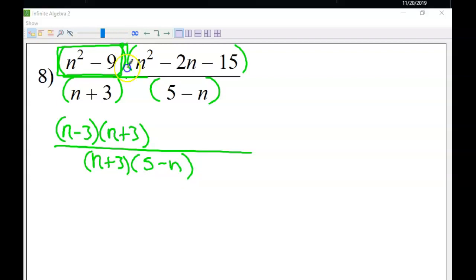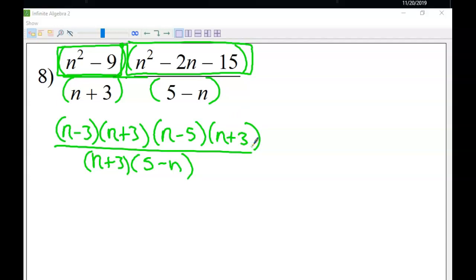Andrew, did you get this one factored? Elijah, what did you get for this one? N minus 5 and n plus 3. That is correct.